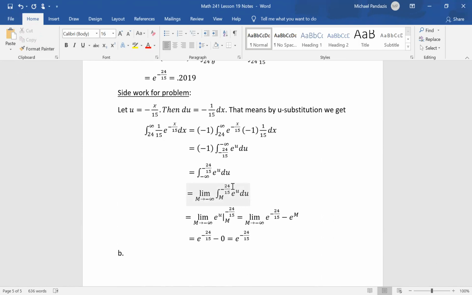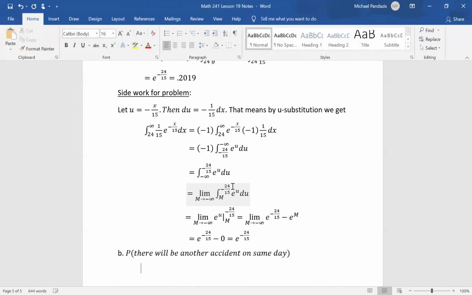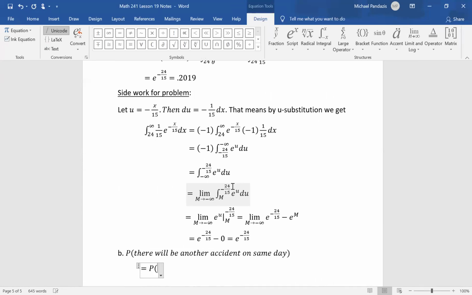B, find the probability that there will be another accident on the same day. Okay, so worded differently, this is the probability that the next accident happens in at most 24 hours.